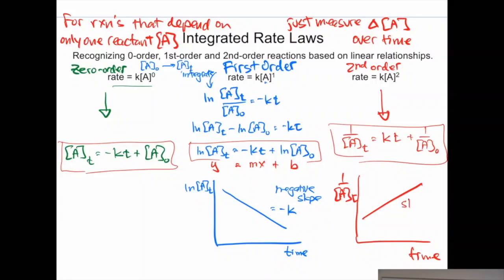And here the slope is equal to positive k. If I instead plot just the concentration of A at any time t versus time, and it's following zero order kinetics, then I expect to see a straight line with a negative slope.